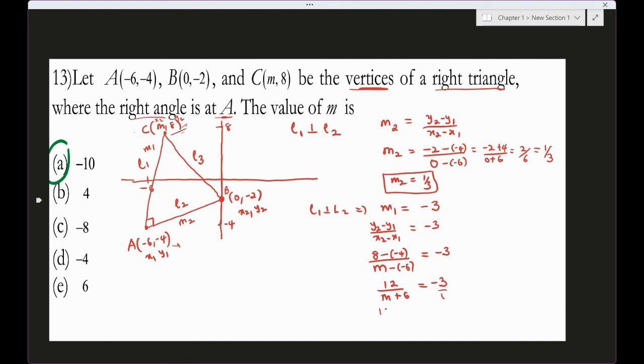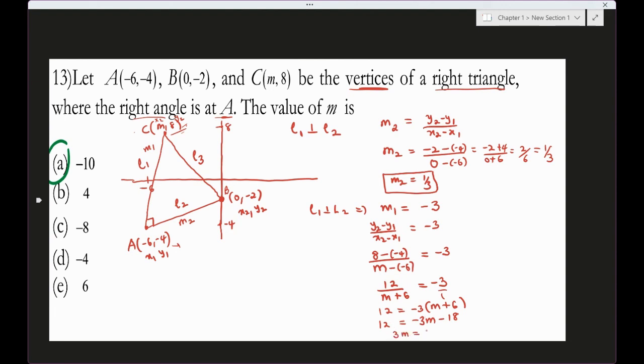This is equal to -3. Now we can just cross multiply so that we have 12 equals -3 bracket m plus 6. Now this is 12 equals -3m minus 18.